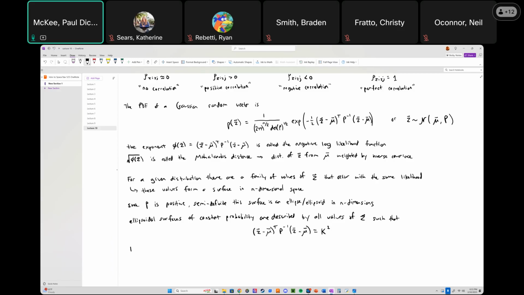So the resulting shape is what's referred to as a k sigma error ellipsoid.